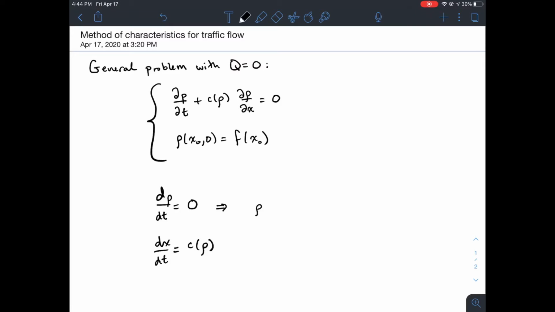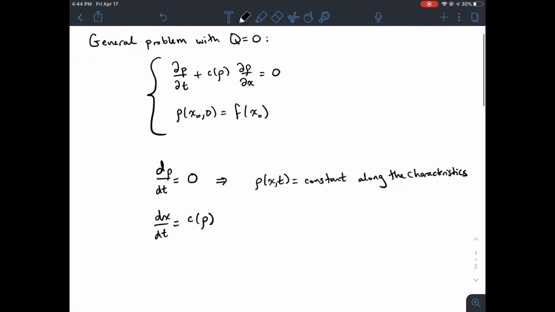So the fact that d rho dt is 0 tells you that rho is constant, at least constant along its characteristic. Now we have to go ahead and solve the other one to find out what the characteristic is.